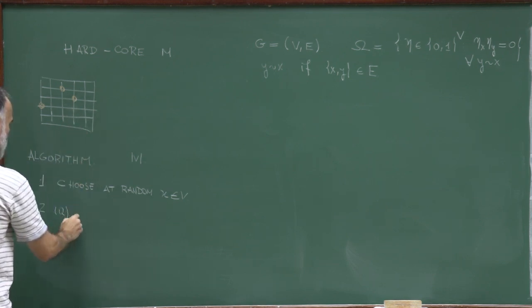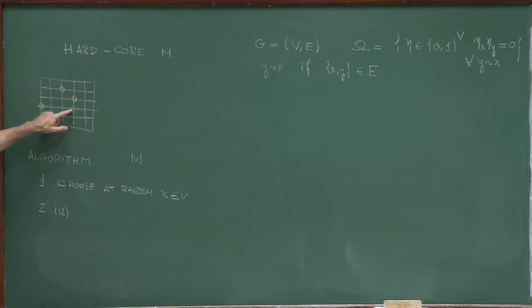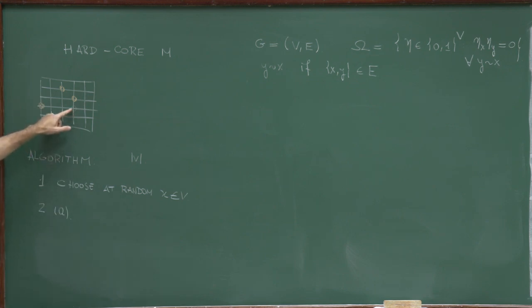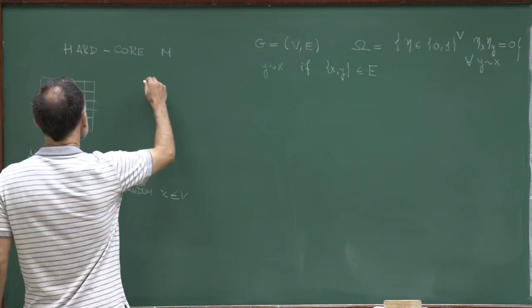Then say that you chose this site. Two things may happen. Either I'm allowed to place a particle on this site, or I'm not. If I'm not allowed, I don't do anything, while if I'm allowed, I will flip this site with probability 1/2. Let me be clear about what I'm doing. For that I need some notation.